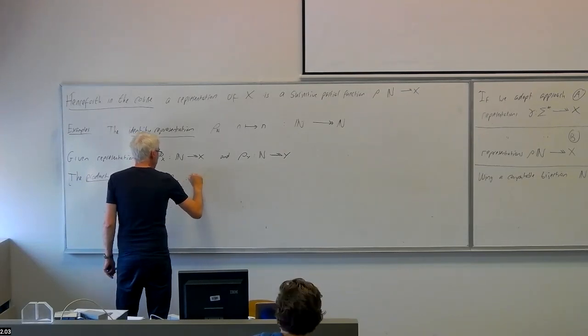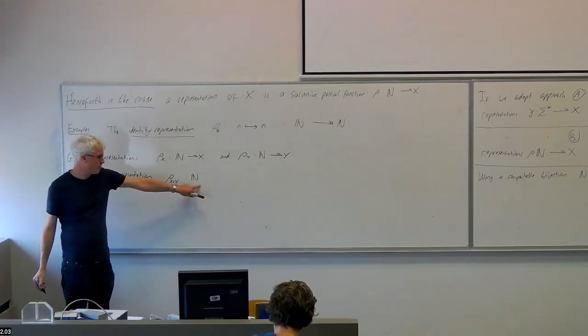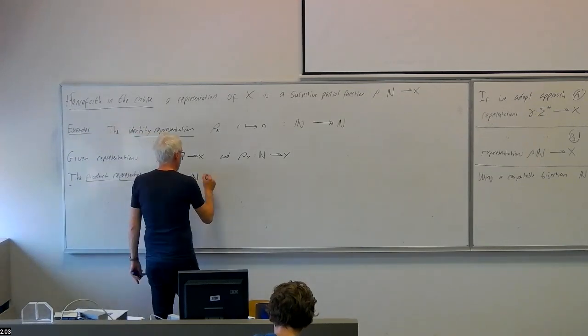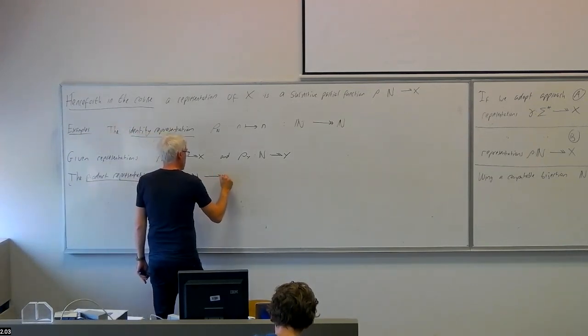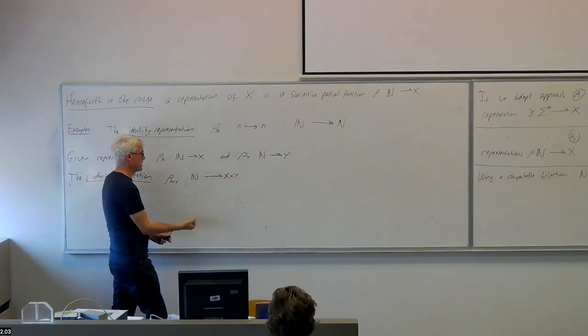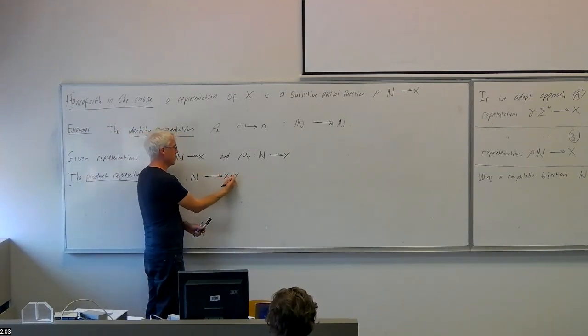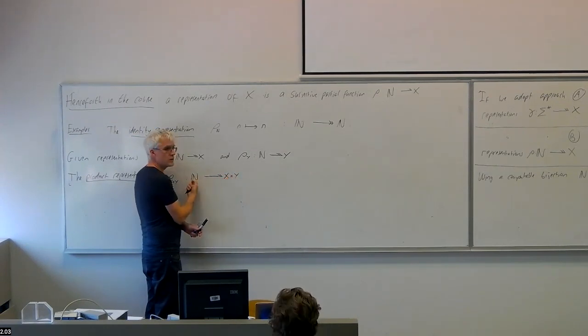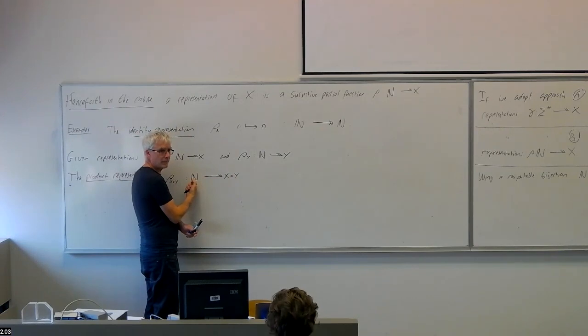So this is again a representation, so it wants to be a surjective partial function from the natural numbers now onto X times Y. So what we want to consider is how it is appropriate to represent pairs of elements, little x and little y, using a natural number here.